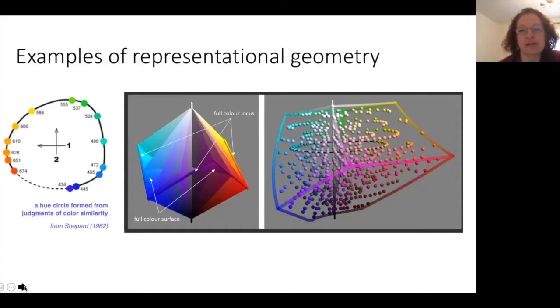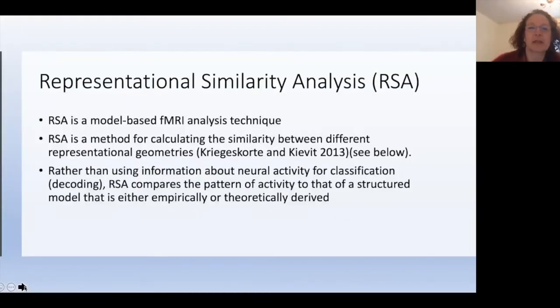It could depend on whether you're using RGB coding or CMYK coding or other things. So there are different ways of characterizing that representational geometry, but the idea is that distances in that similarity space are captured by this representational geometry. And so this is what representational similarity analysis uses.